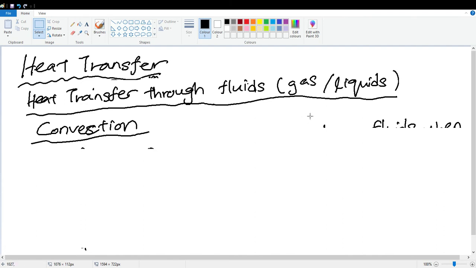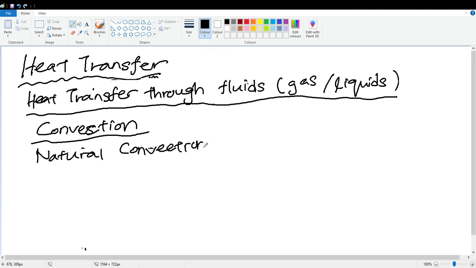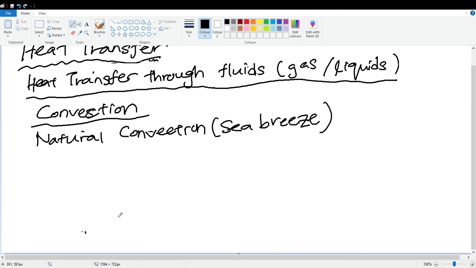For the first form, we have natural convection. For an example of natural convection, here I have the sea breeze. Let me draw a diagram.